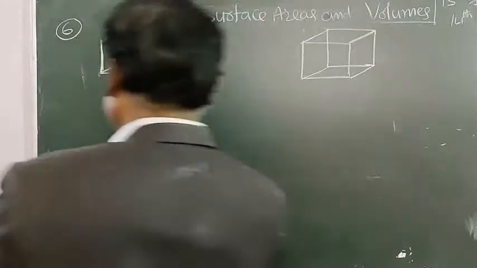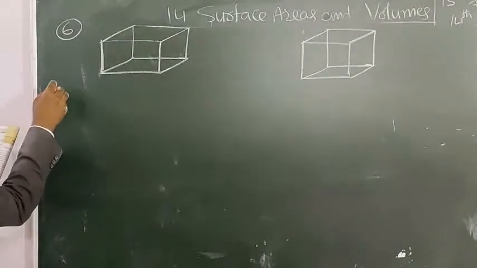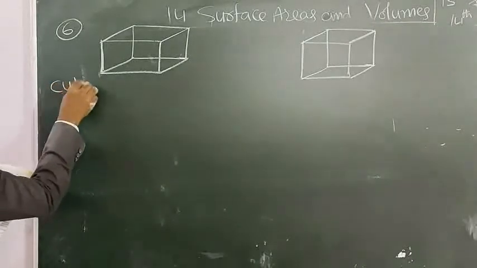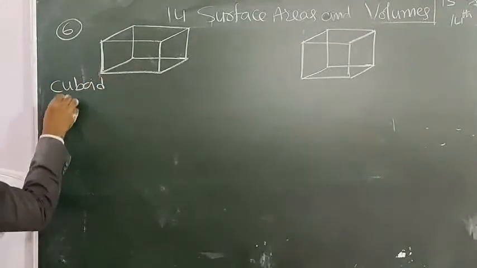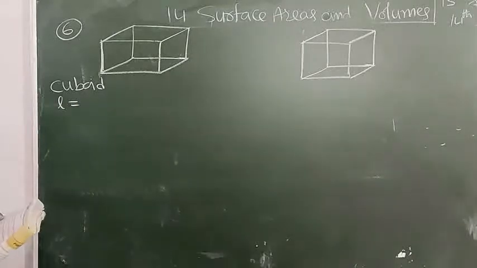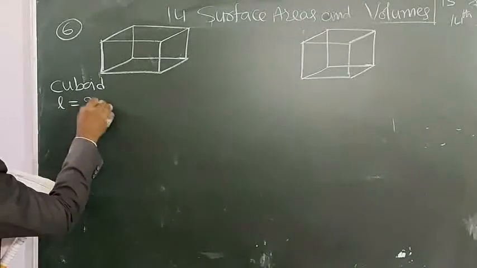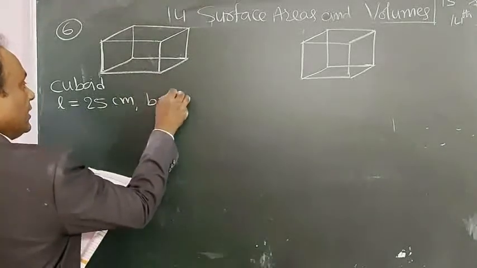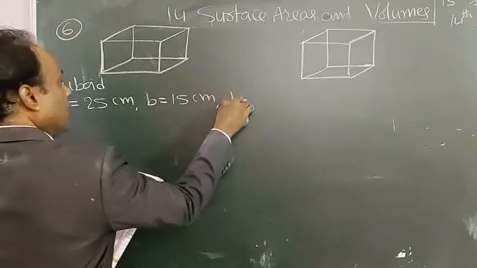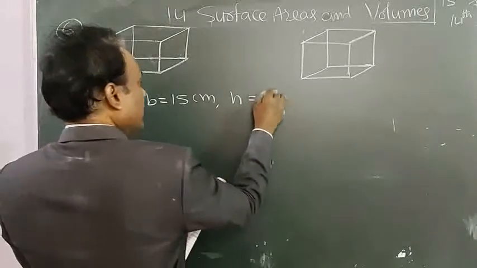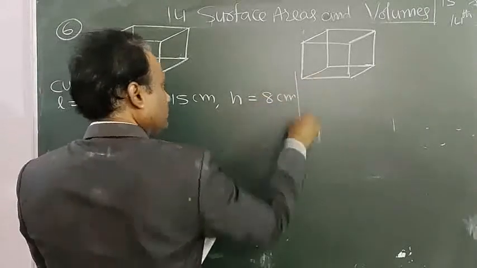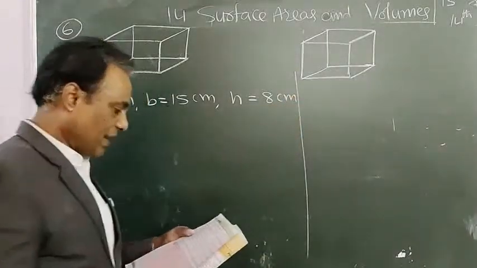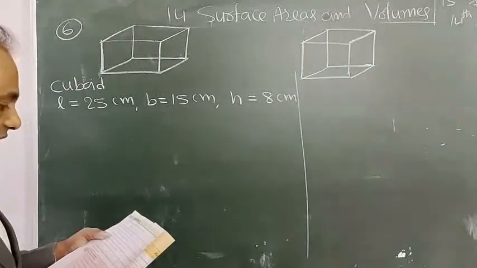See, first for cuboid: first figure is cuboid, length is given 25 centimeters, breadth is given 15 centimeters, height is given 8 centimeters. Length, breadth and height of the cuboid are given: 25, 15, 8.